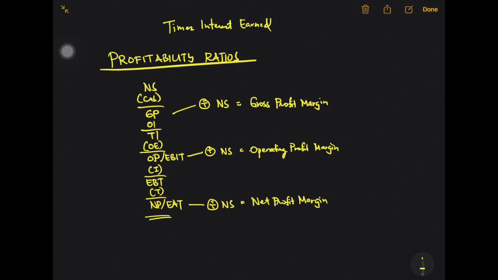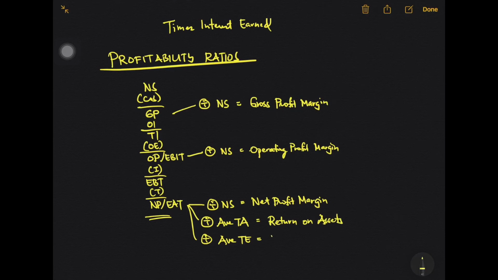And then get your net profit again, divide it by your average total asset as well as your average total equity. The first one will give you the return on assets.